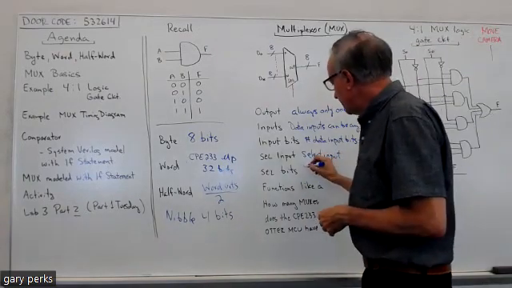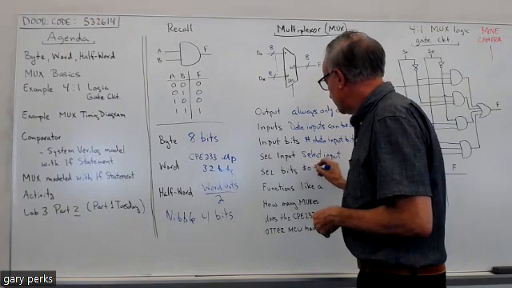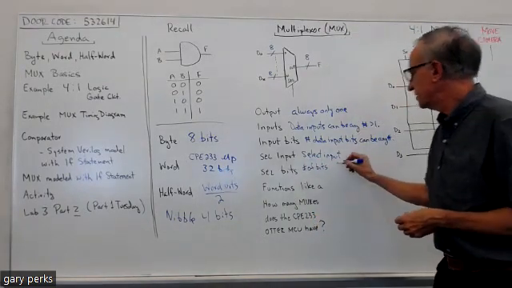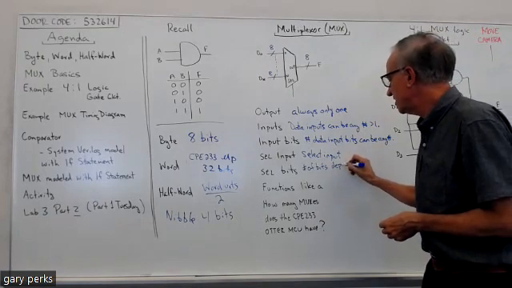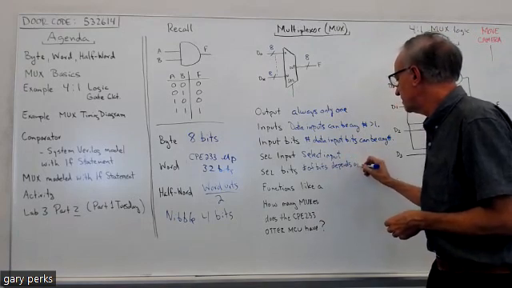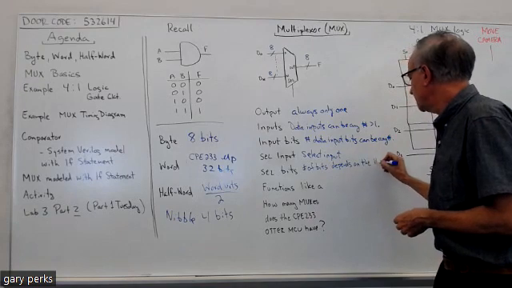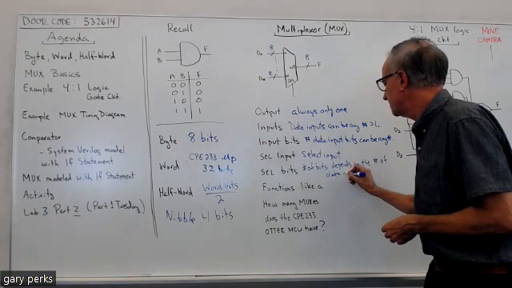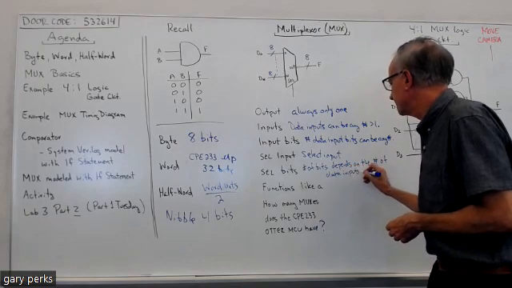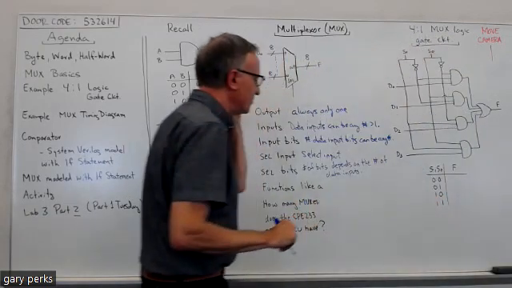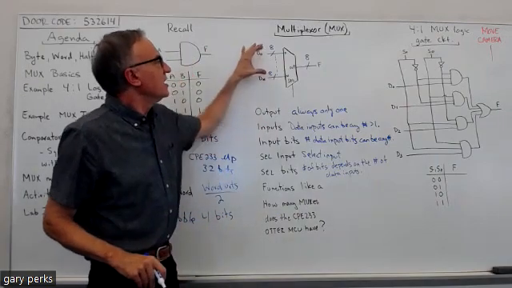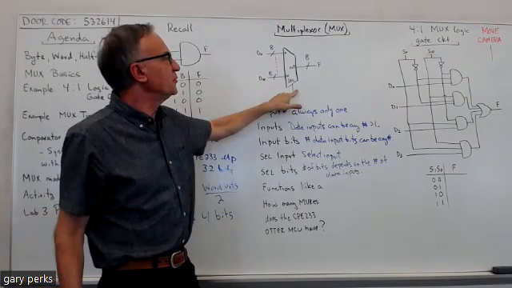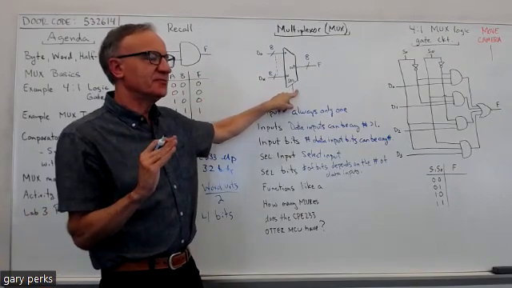And the number of bits for the select input depends on the number of data inputs. I'll explain in a minute why it's like this, but if we only have 2 data inputs, then we only need a single selector.